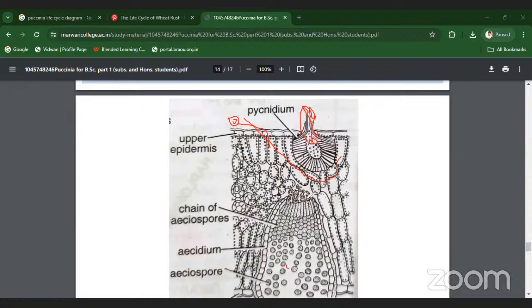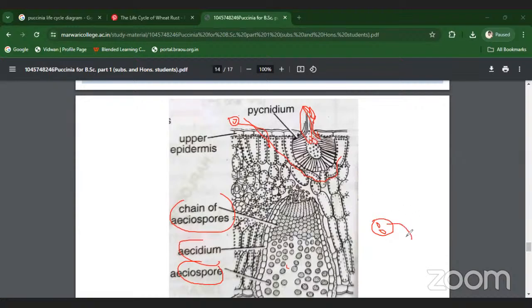After receiving at the receptive site, just below the epidermis, the same mycelium extends as binucleated and forms a chain of aeciospores, the aecidium. So the aeciospores are formed in a complex structure called aecidium. Each aeciospore is binucleated, because after spermatization, binucleation takes place.